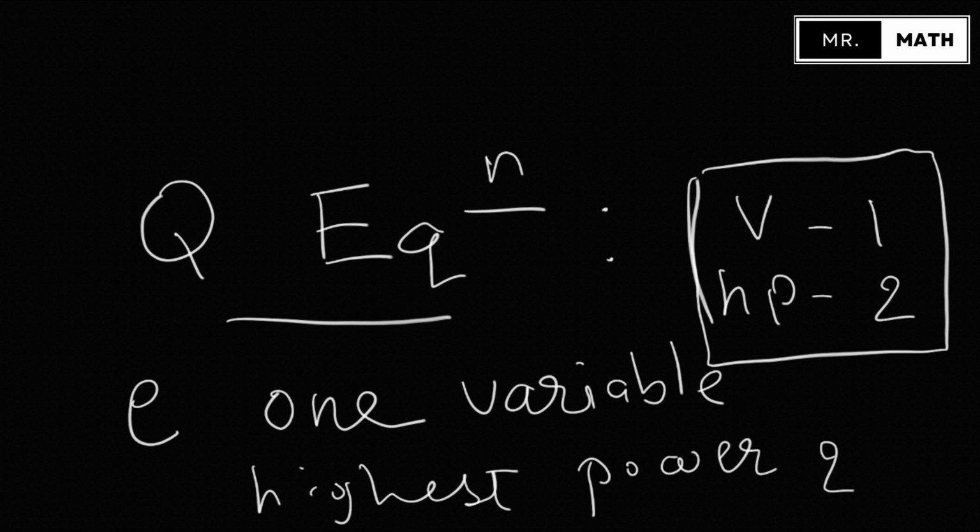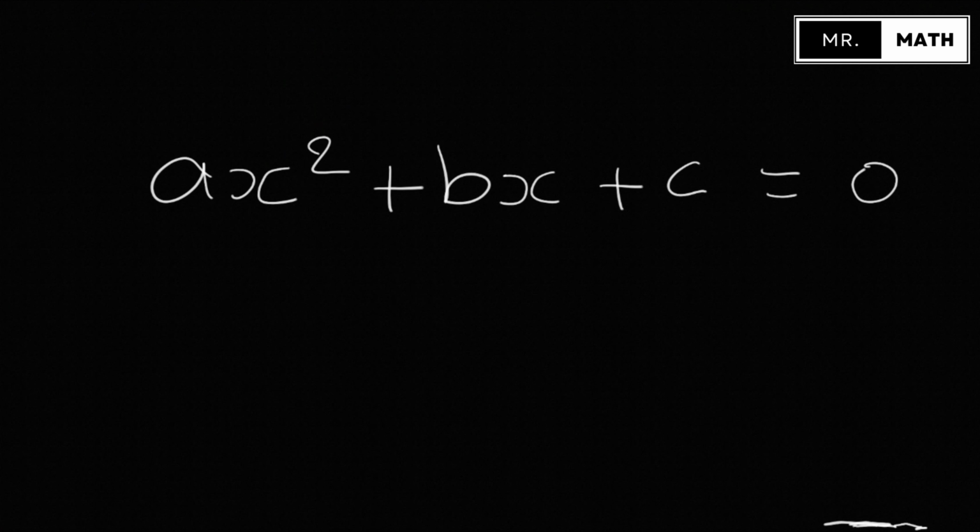So let's go to the general form of that equation. So what is the general form of the quadratic equation? General form is ax square plus bx plus c is equal to 0, where, yeah, that's the main thing to keep in mind.